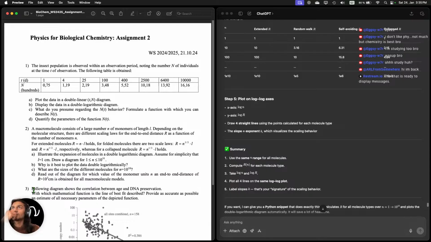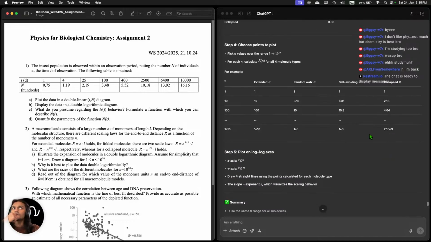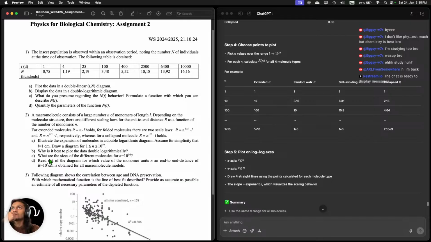What are the sizes of the different molecules for n equals 10 raised to 10? Read out the diagram for which value of the monomer unit n an end-to-end distance of R equals 10 raised to 3 centimeters is obtained for all macromolecule models. Okay.